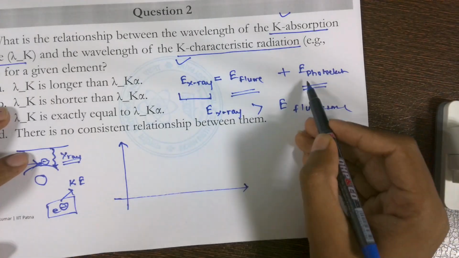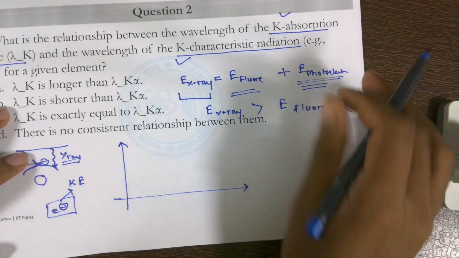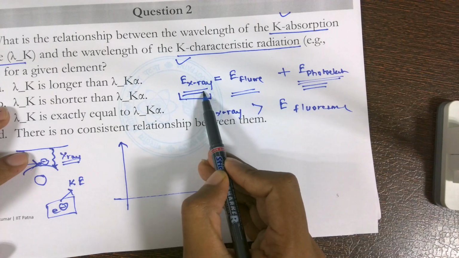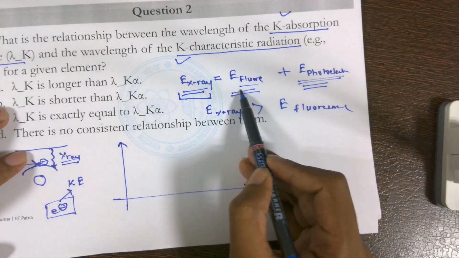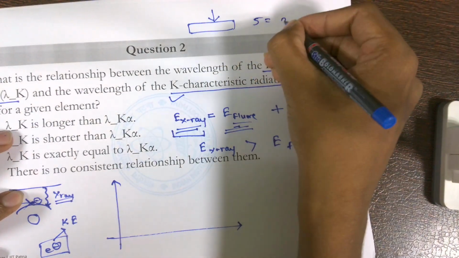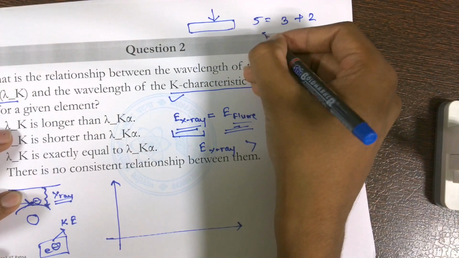Everyone agree? Because now I'm removing this particular term. Since it was an addition, the left hand side term will be greater than the right hand side term, right? It's simply like if 5 is equal to 3 plus 2, then I can say that 5 is greater than 3.